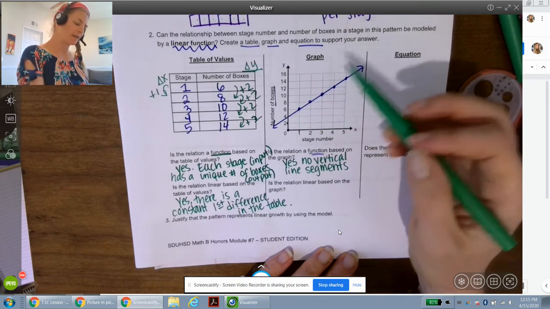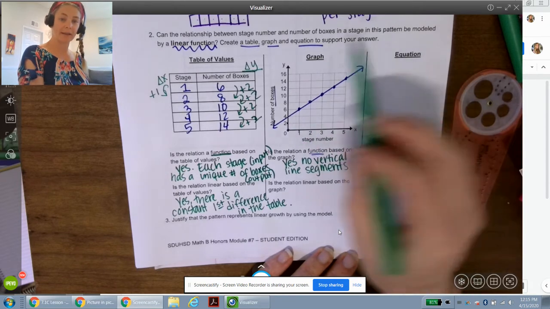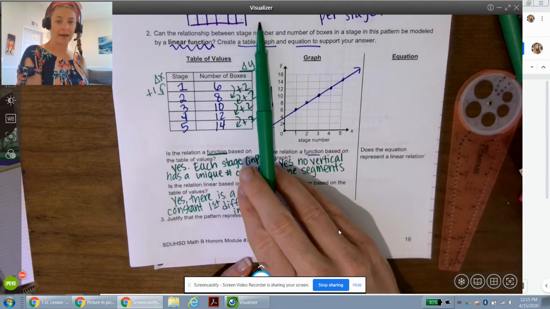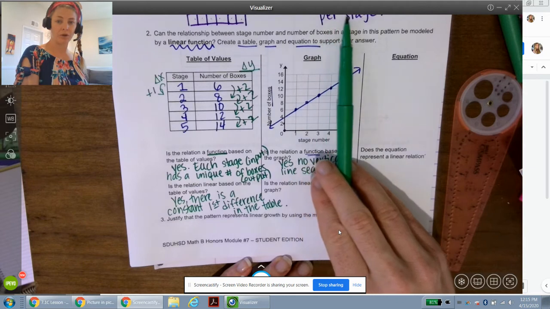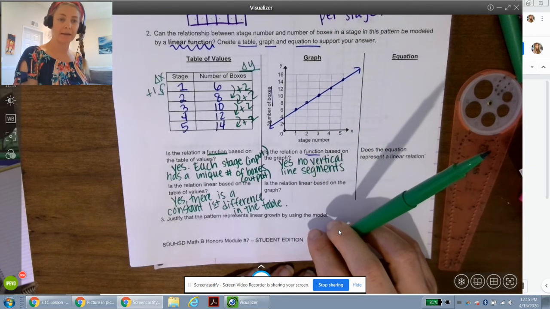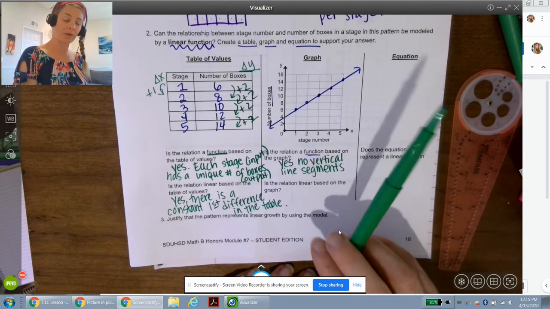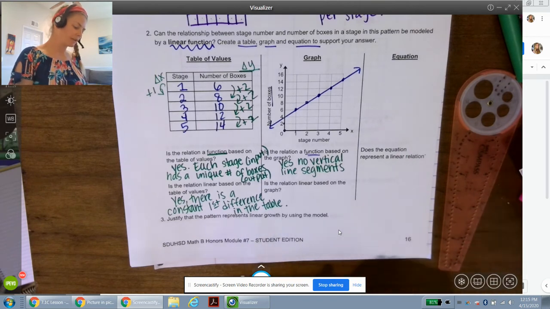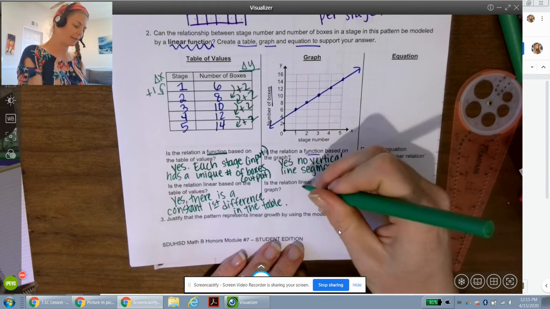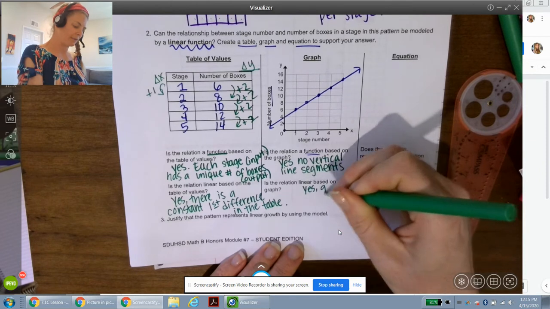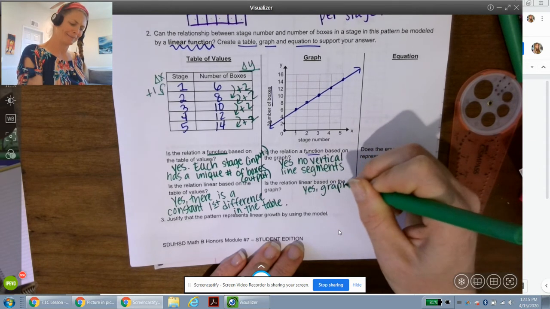And we see here that there are no vertical line segments. We can pass a vertical line through our graph and it does not intersect any place more than once. Is the relationship linear based on the graph? Well, yes. The graph is a line.